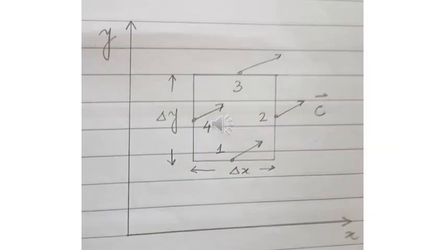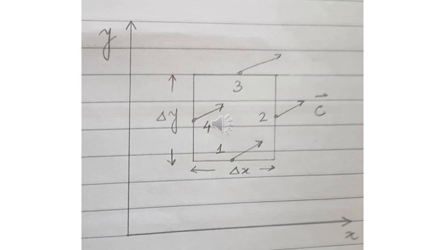This is the diagram that we are going to use to establish Stokes theorem. You can see there is a square. On the x-axis, the movement from 4 to 2 is delta x. On the y-axis, the movement from 1 to 3 is delta y.